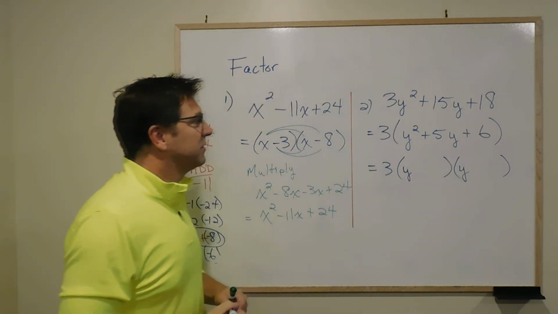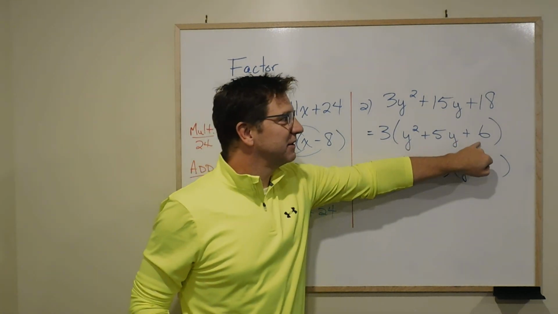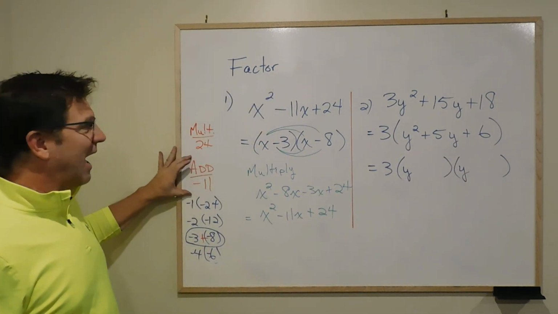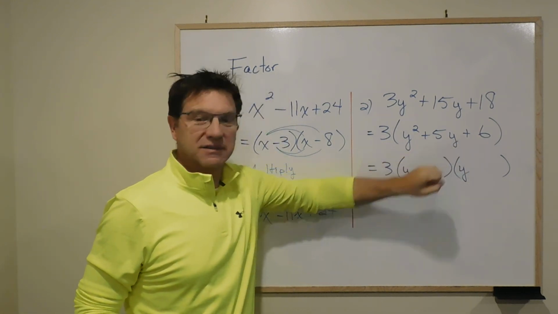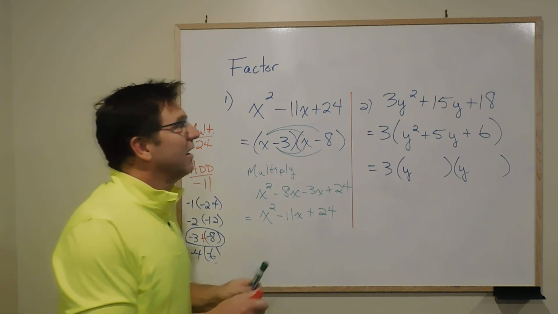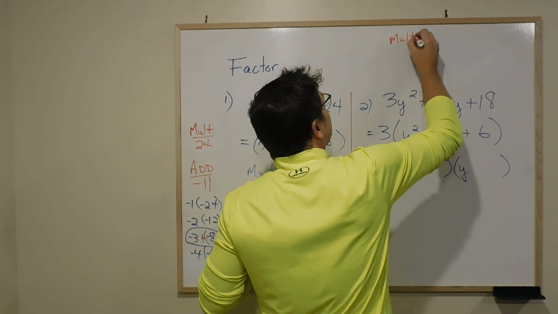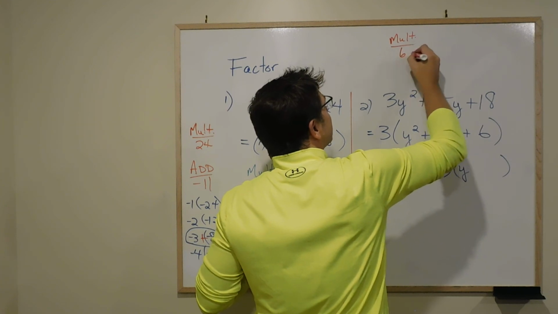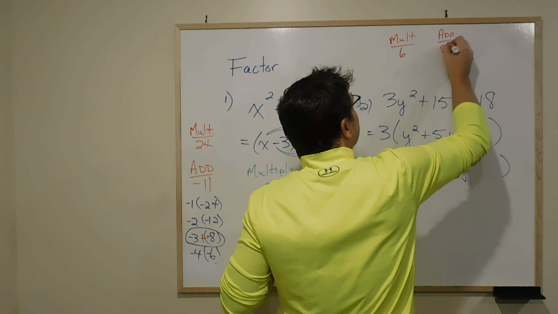So now my question is, what multiplies to give me positive 6, and at the same time adds to give me positive 5? It always multiplies to this one, adds to this one. So we'll do it up here. What I'm looking for is two numbers that multiply to positive 6 and add to 5.